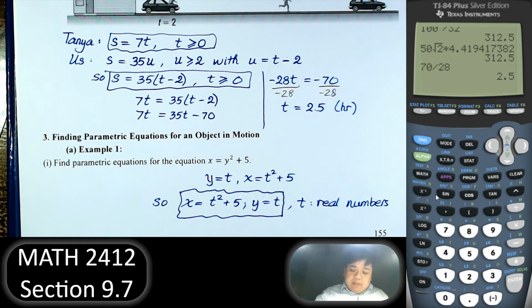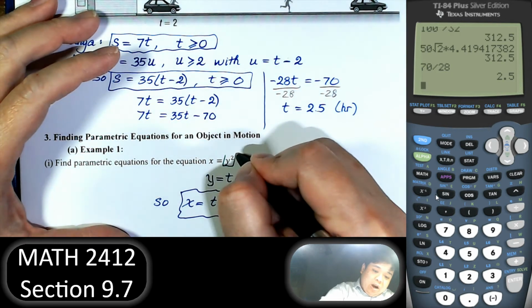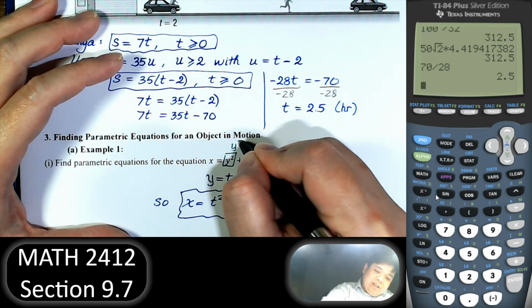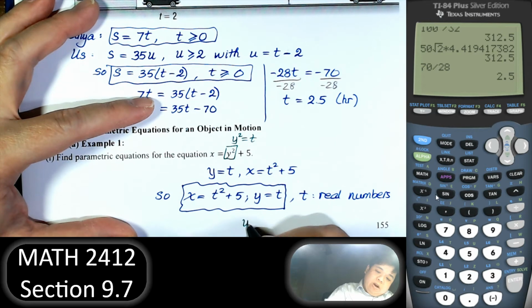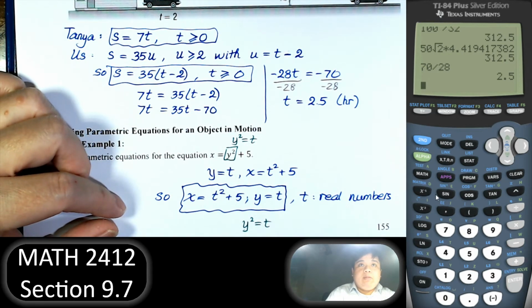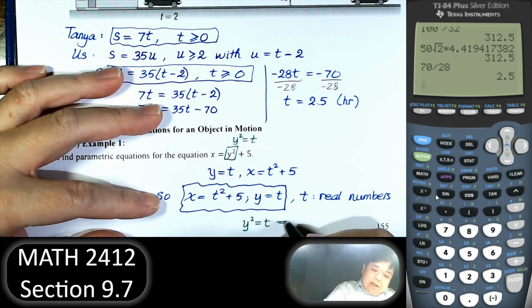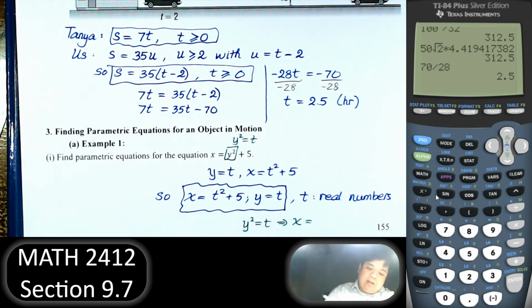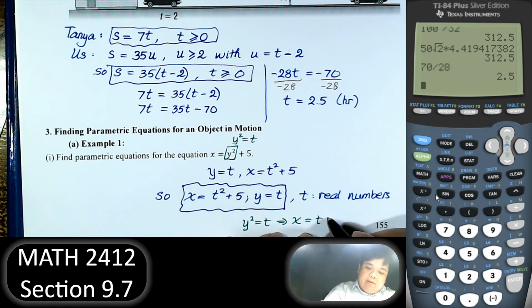The other way is, why don't we just let y squared be t? If we let y squared be t, then x is equal to what? T plus 5.